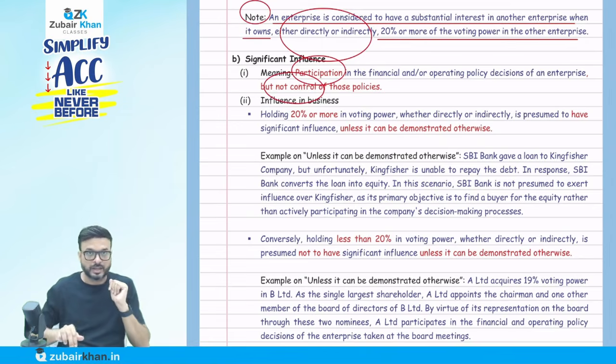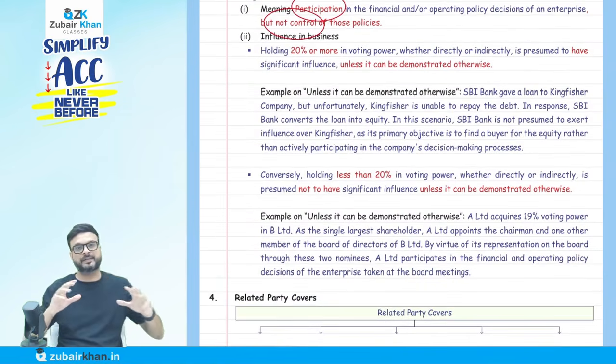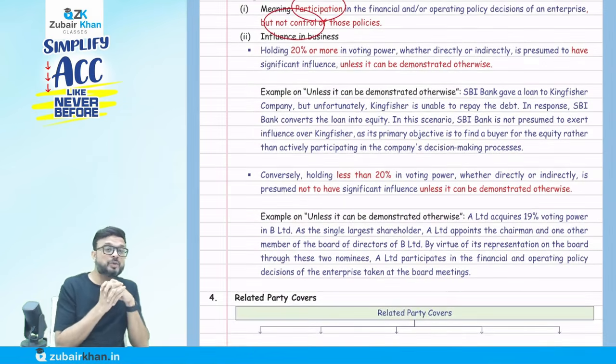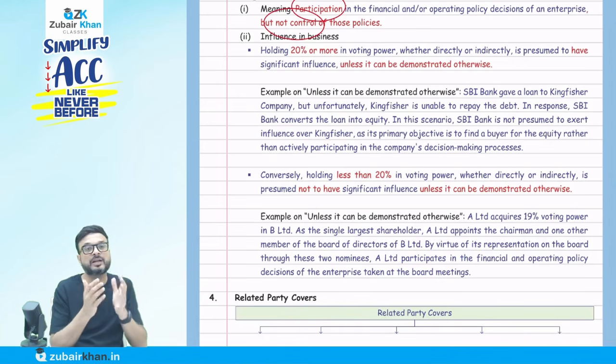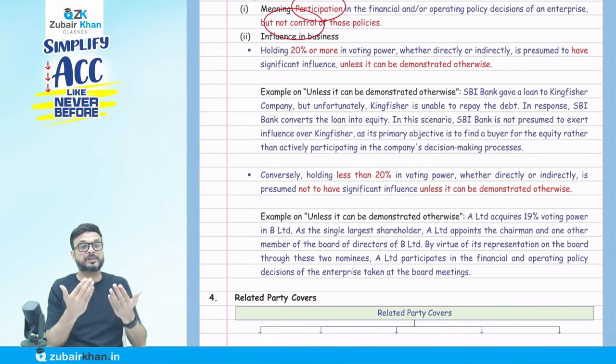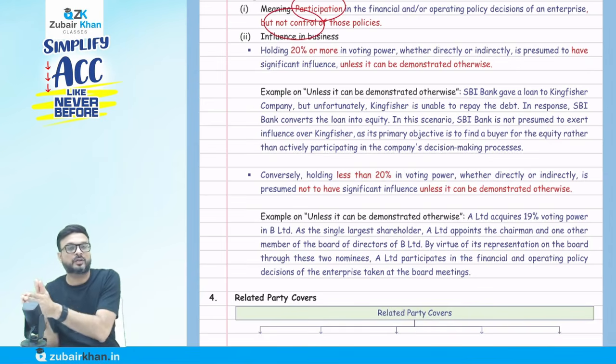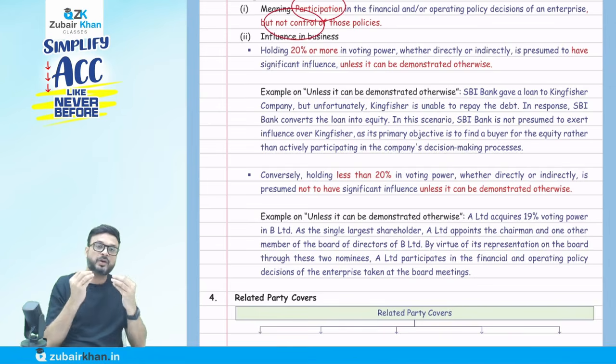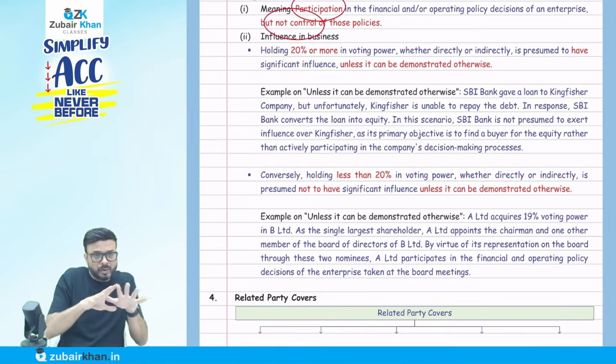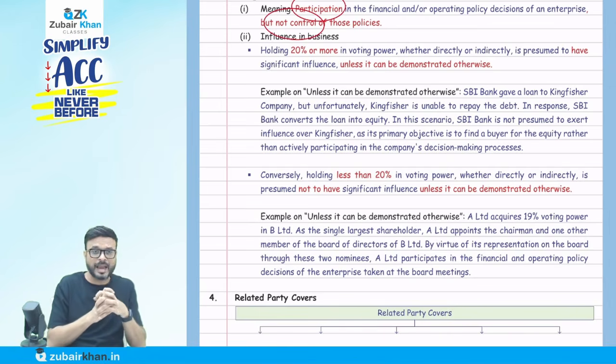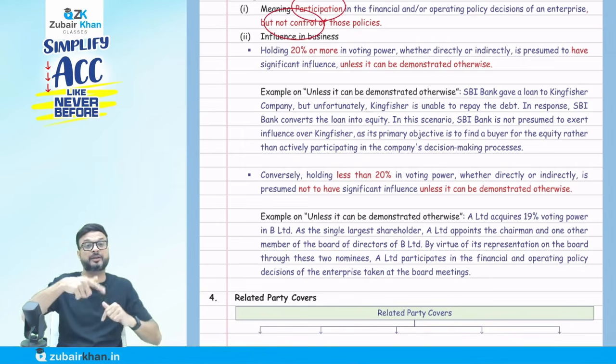Listen very carefully. I'm going to explain that with 2 examples. They say generally we assume that if we hold more than 20%, then we have a significant influence on them. What I'm saying is, if we hold more than 20%, I don't have a control here. Okay. I don't have the power to direct, do this, do that.